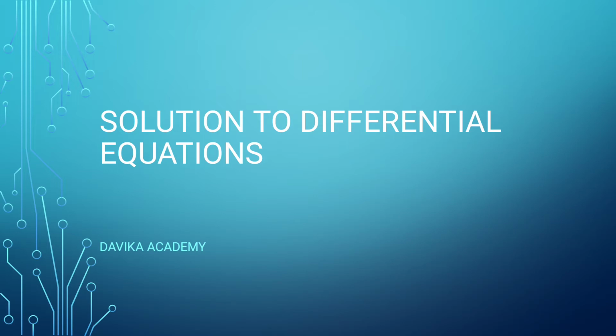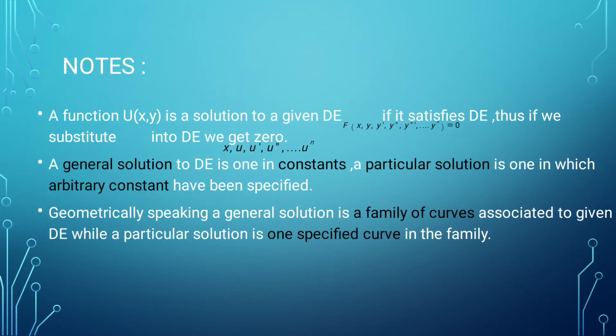Now today we want to look at solutions to differential equations, and we would like to do this with some definitions here. So if you have a function u of x, y, we call this a solution to a DE, and that particular DE is this one here.